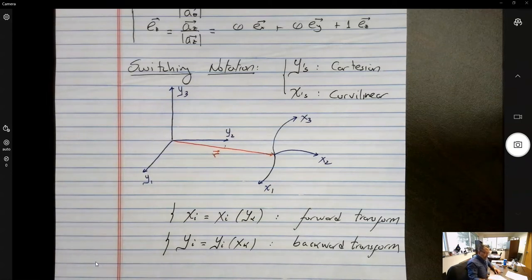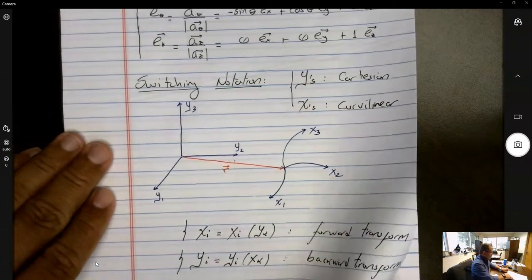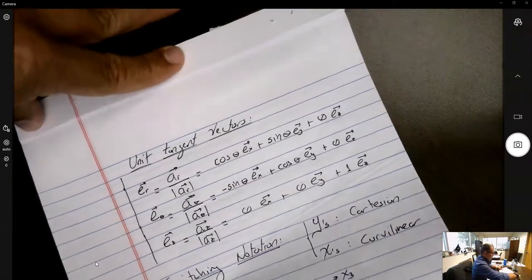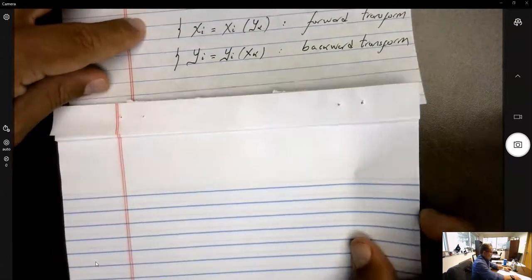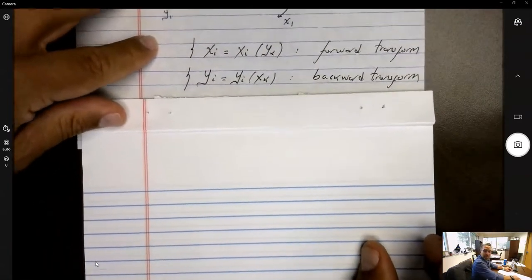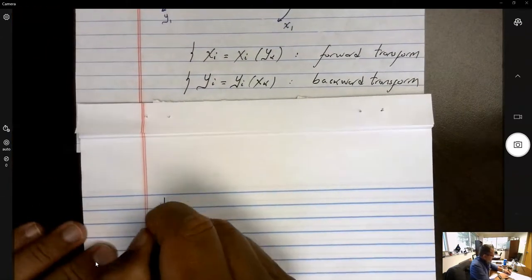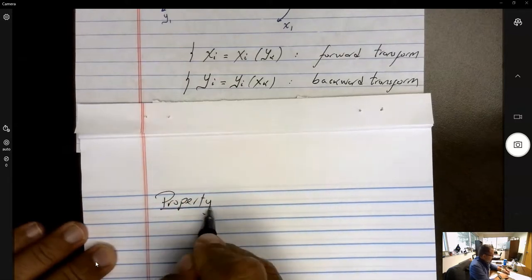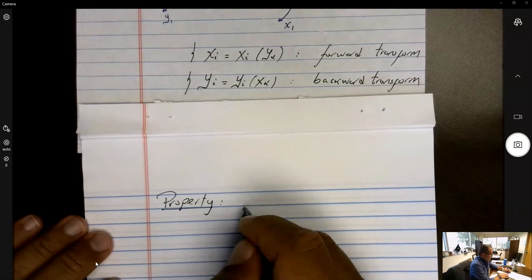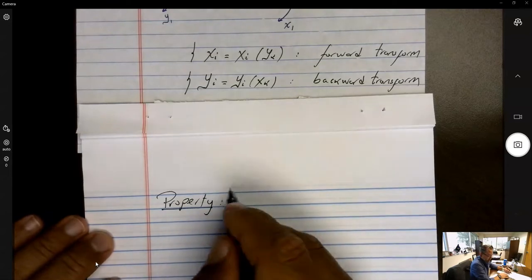All right, so let's talk about a property that should always be respected in any type of curvilinear transformation. These are invariants.